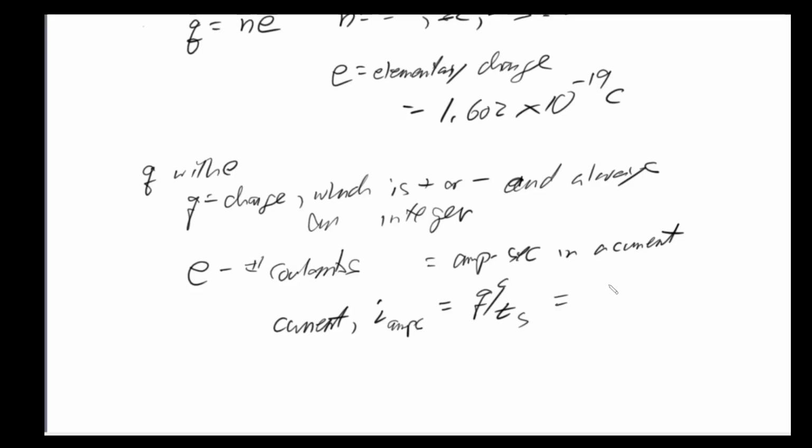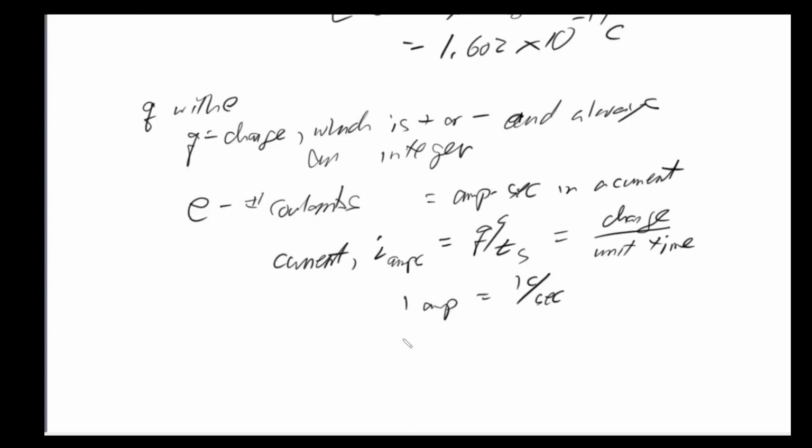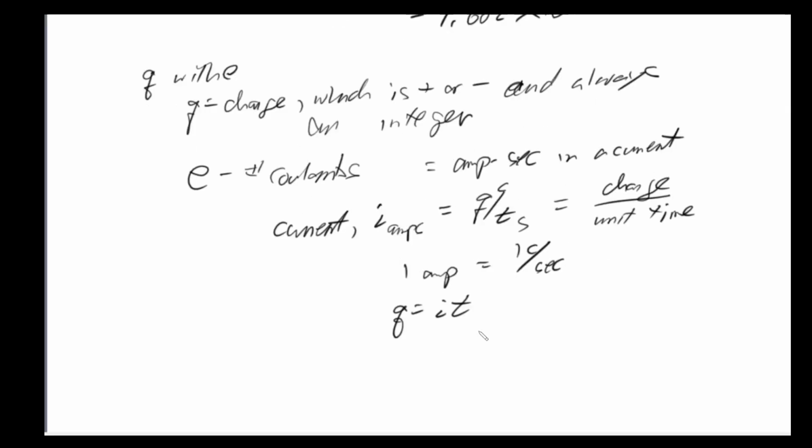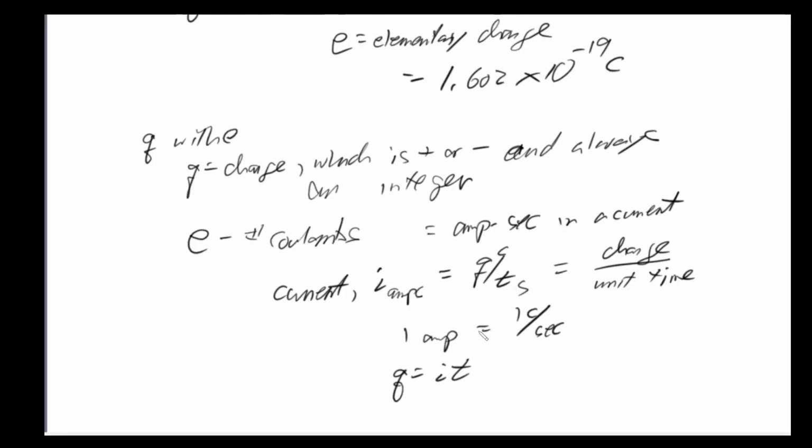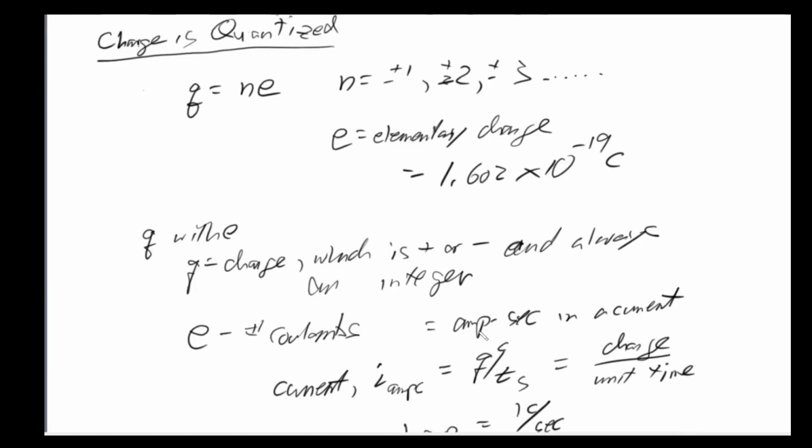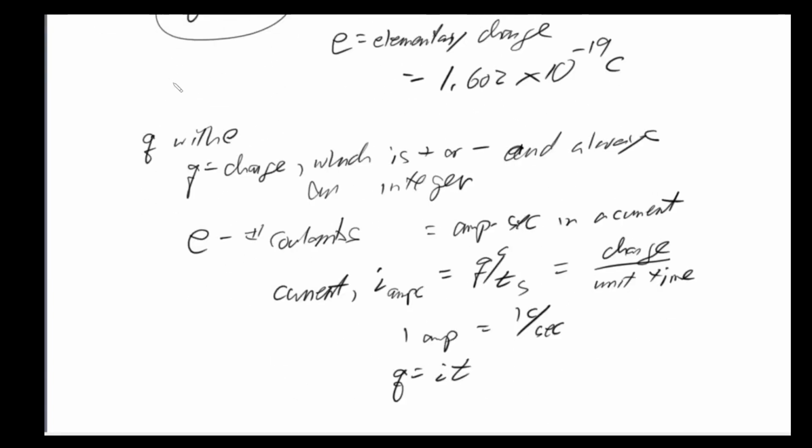So this is basically charge per unit time. And so 1 amp is equal to 1 coulomb per second. And we can write this another way, that Q is equal to I times T. And we'll see this later when we talk about currents. But let's get back to our charges.